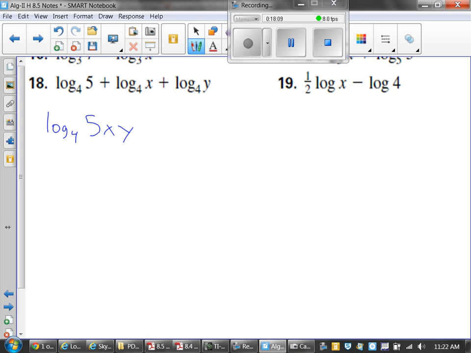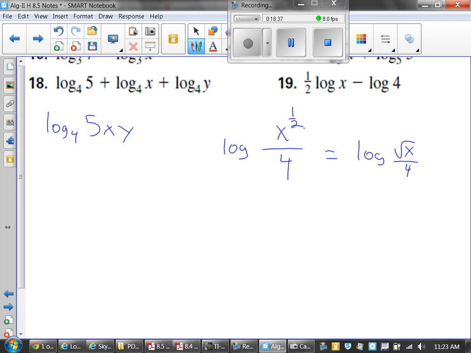On the other one, it's x to the 1/2 over 4, the log. Now, could you have written it as log of the square root of x over 4? Either one of those is fine. If you want to leave it as the fractional exponent, I'm fine with that. To be honest with you, I don't remember what the book does. Either one of those is legitimate for me, okay? Not so scary, is it?